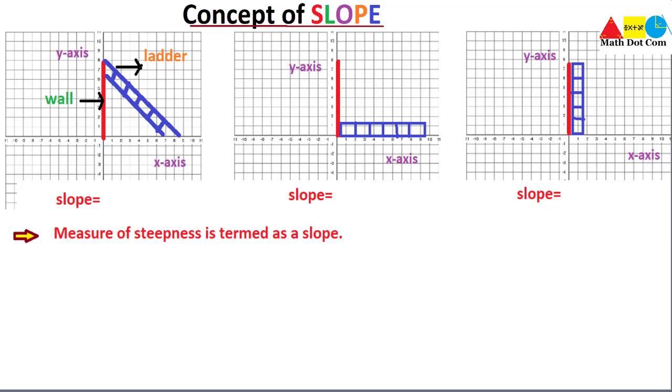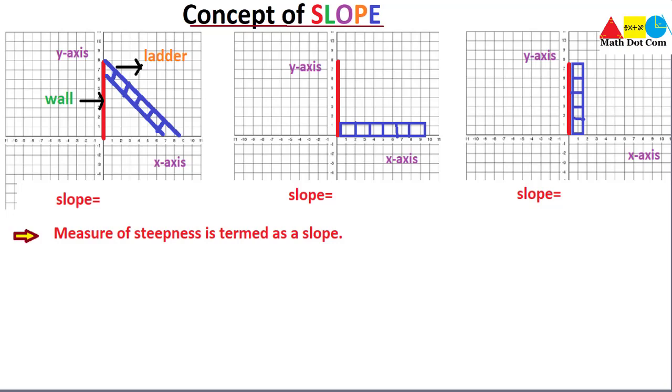According to this definition, it means you have to measure how steep the line of which slope you are going to find is. So that will be the slope of a line. So the meaning of steepness here is how much your given line is near to be perpendicular or vertical. So then accordingly you will measure the slope.